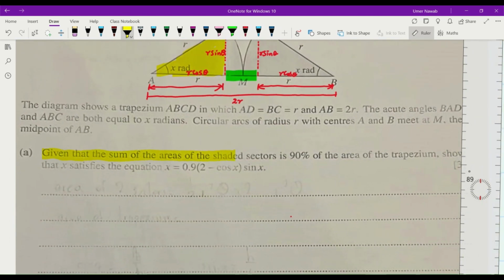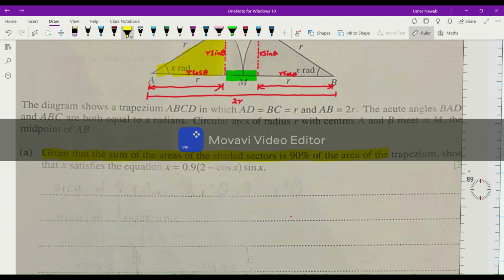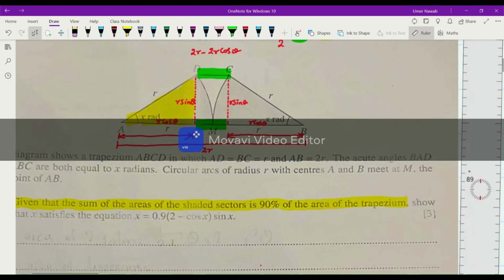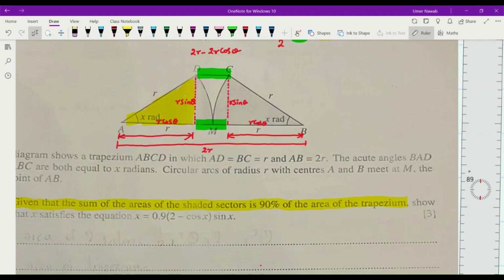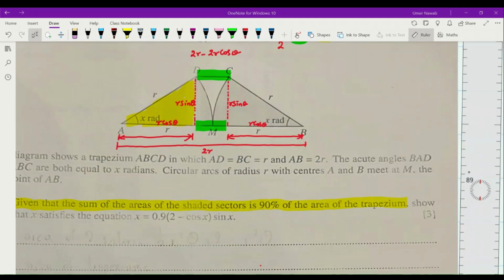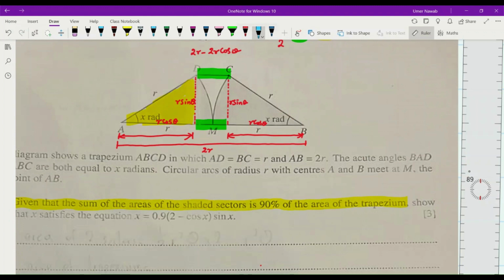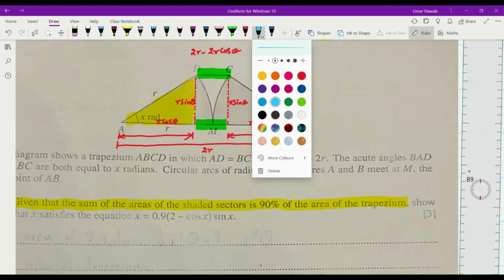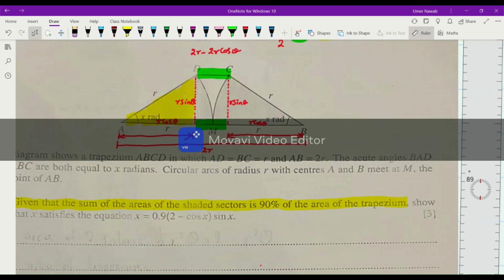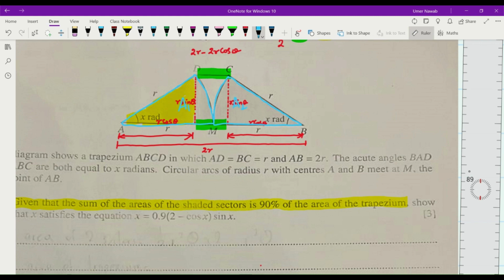Now let's read the question. Given the sum of the areas of the shaded sectors is 90% the area of the trapezium. Now, which shaded sectors? You can see ADM and BMC, they are the shaded sectors. We all know the formula for the area of a sector. I'm calling this area A1, the sector, and this is my second congruent sector A2.